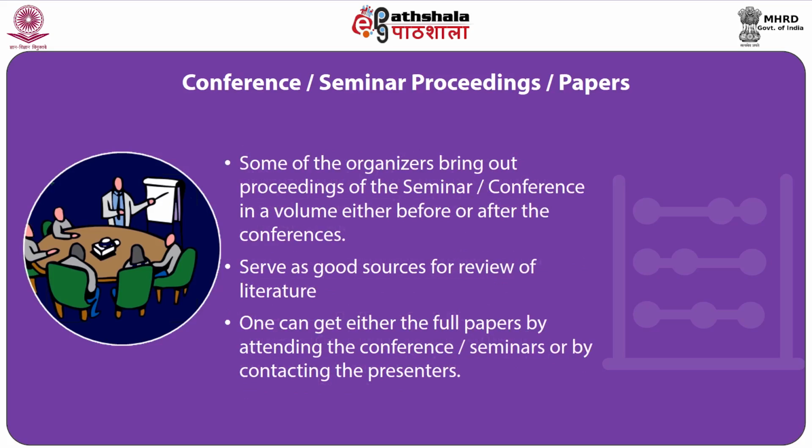At times, some of the organizers would bring out the proceedings of these seminars and conferences in a volume either before or after the conferences. These would also serve as good sources for review of literature, which would provide mostly the latest or ongoing research information. One can get the full papers either by attending the conferences and seminars or by contacting the presenters.